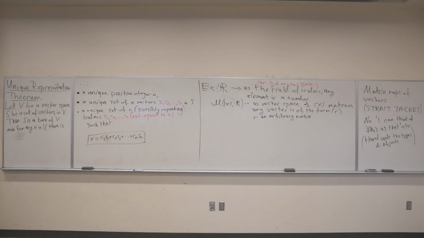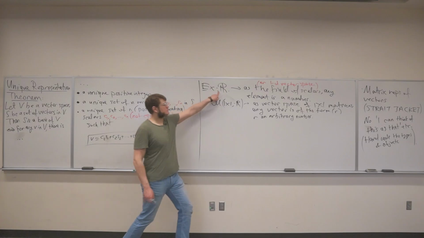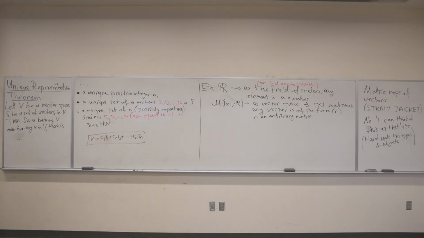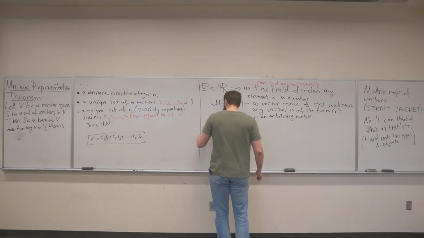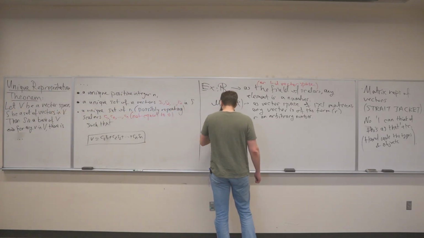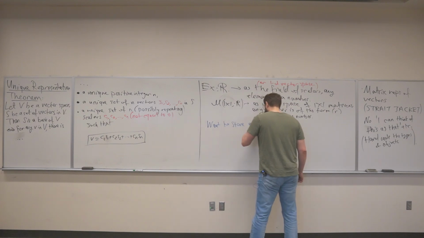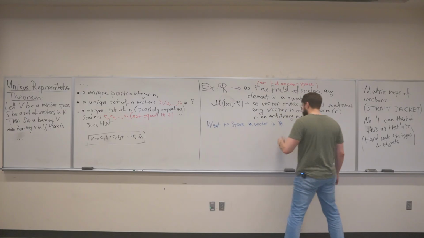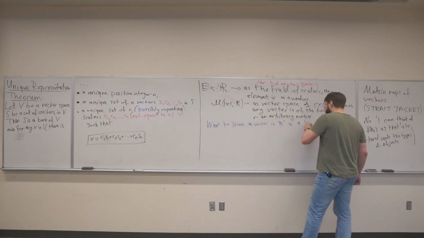So what I'm going to try to do is store my vector, which is a number, into a matrix. I want to store a vector in R, or maybe I should say R to the 1, in a 1 by 1.